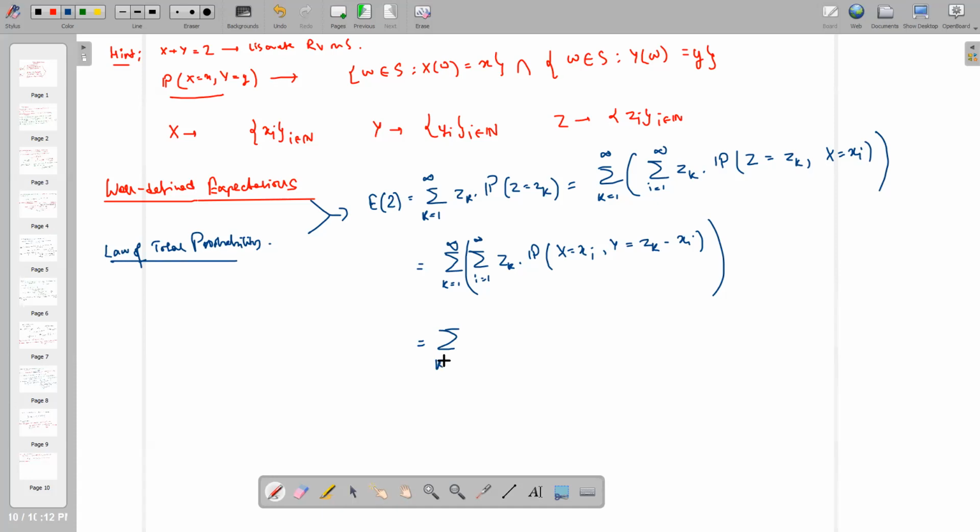We get k running from 1 to infinity, summation i running from 1 to infinity, summation j running from 1 to infinity, zk times probability of x equals xi, y equals zk minus xi, y equal to yj.